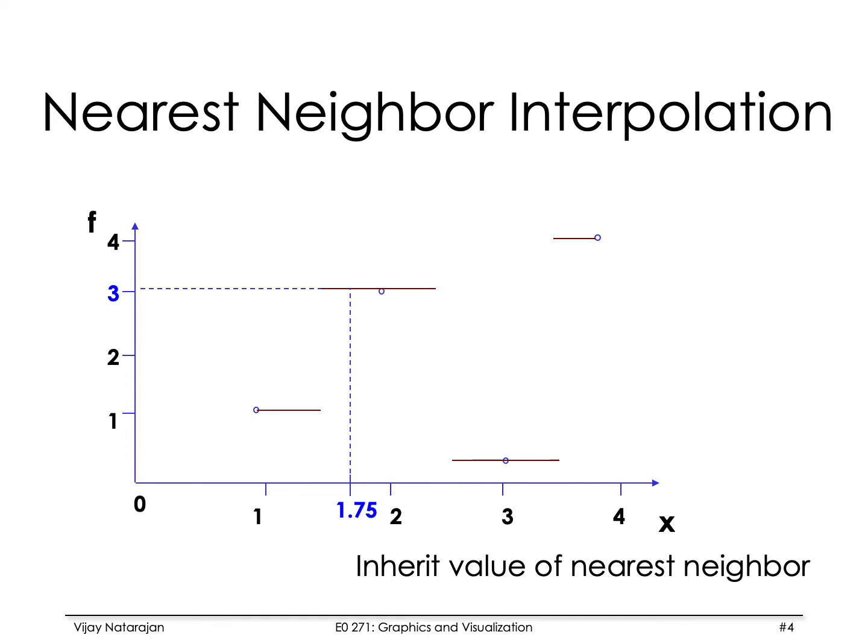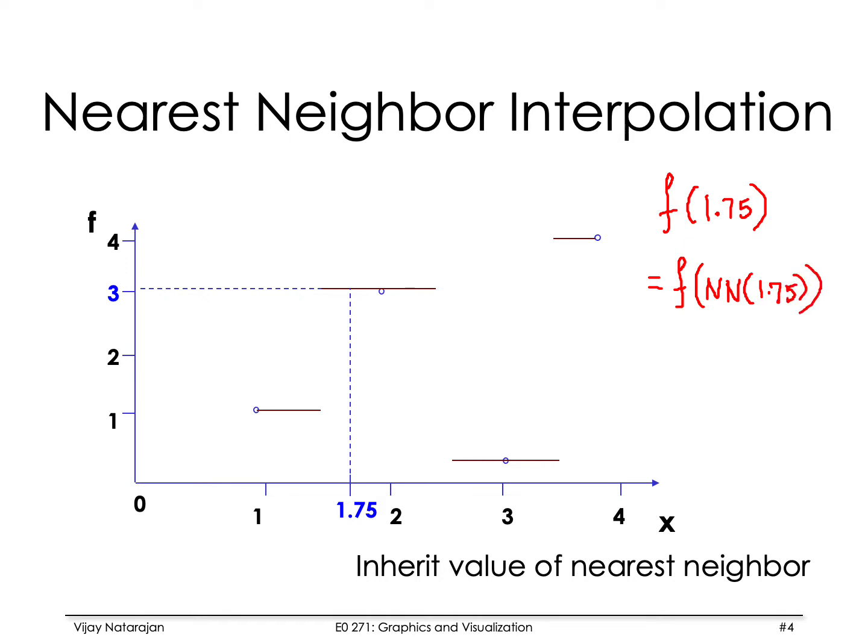There are many ways to interpolate and compute the value of f at 1.75. The simplest is called nearest neighbor interpolation, and the way we compute the value of f at 1.75 using nearest neighbor interpolation is by saying that the value of f at 1.75 is equal to the value at the nearest neighbor sample point of 1.75.